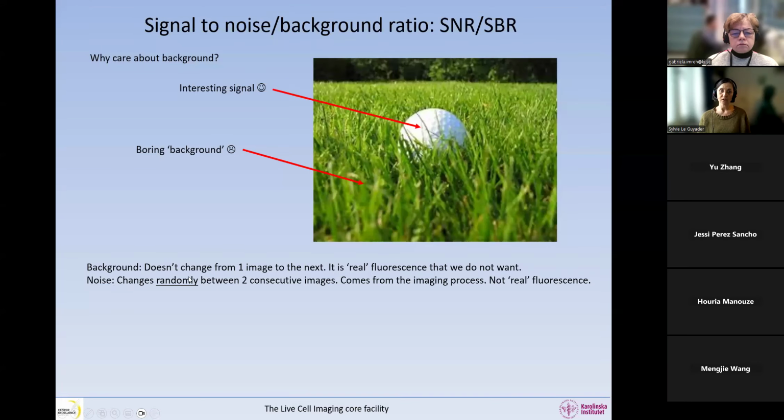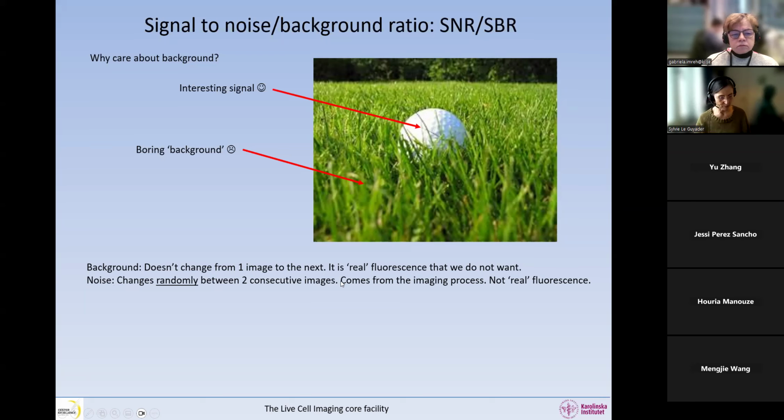The background does not change from one image to the next. It is real fluorescence. It's only fluorescence we do not want, but it is fluorescent. So if you take 3 images, unfortunately, it's not going to make your background disappear. The noise, however, is something that changes randomly between 2 consecutive images.